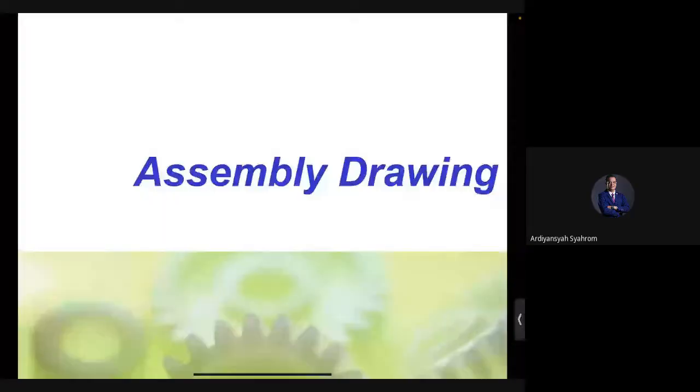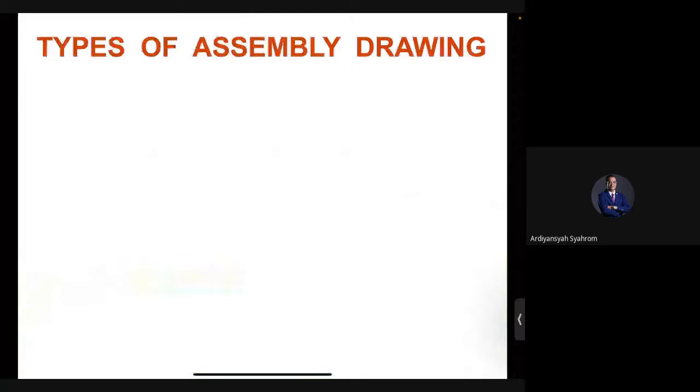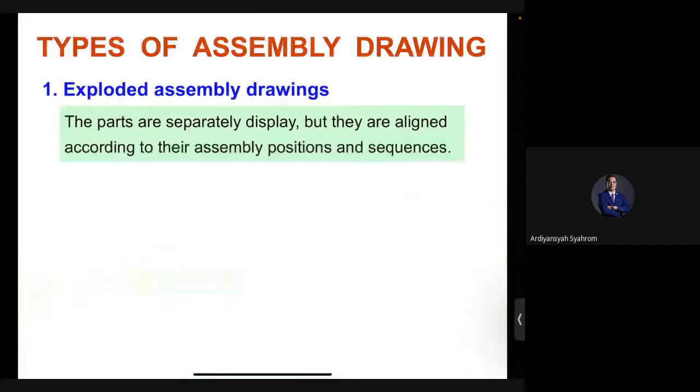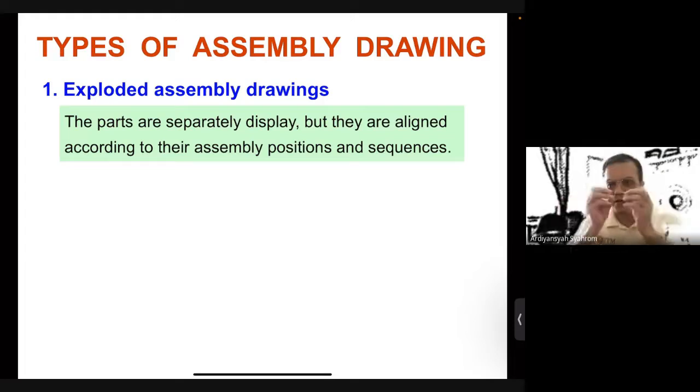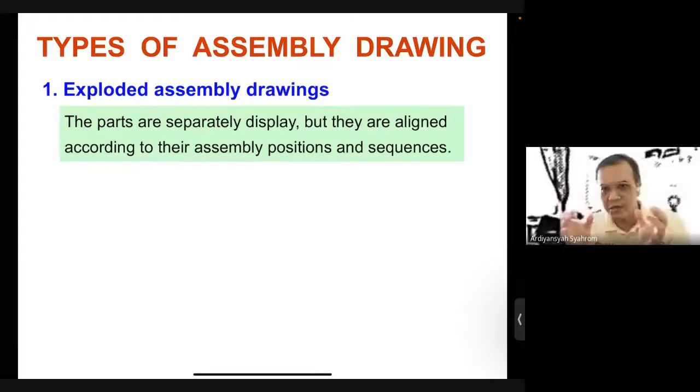Okay, we go to assembly drawing. Types of assembly drawing. First is the exploded assembly drawing. The parts are spread out in display, but they are aligned according to their assembly position and sequence. The exploded view is where you explode the components one by one.